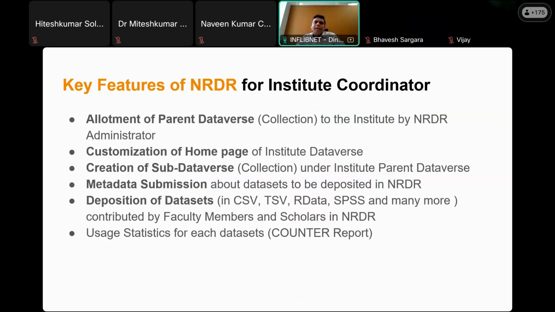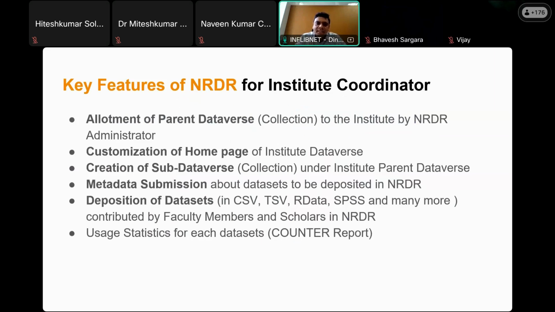So what are the key features for this repository? Like I said, there will be the national research data repository, that will be the main repository, where there will be a subset or sub Dataverse kind of thing, known as collections, as I mentioned in the previous slide.